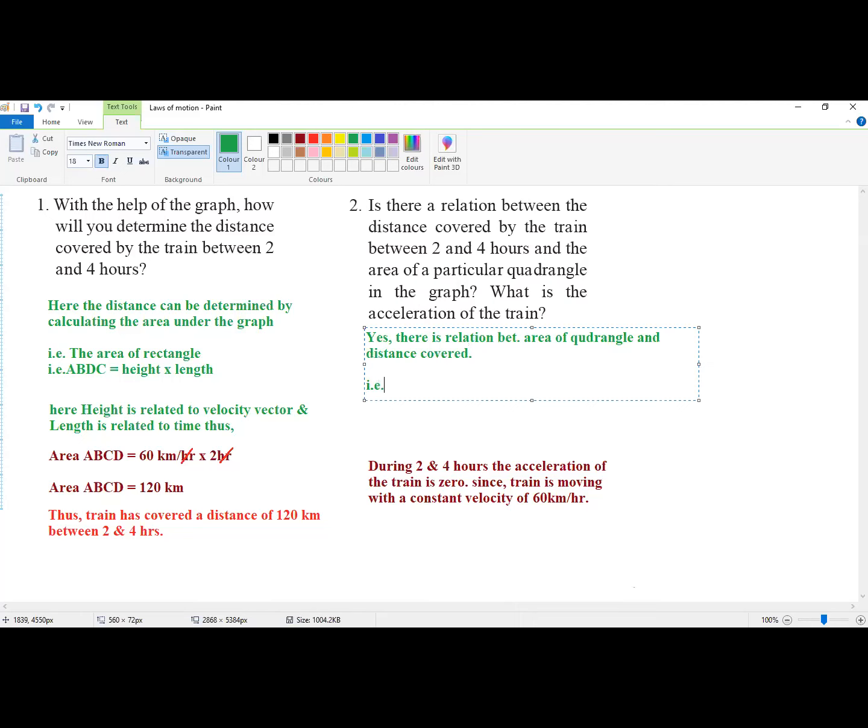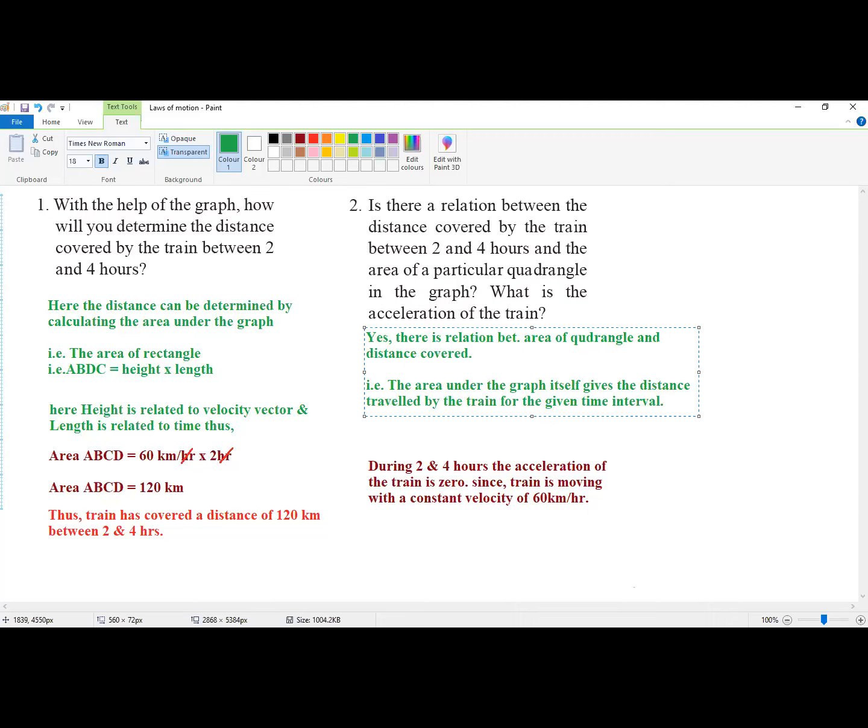That is, the area under the graph itself gives the distance traveled by the train for the given time interval.